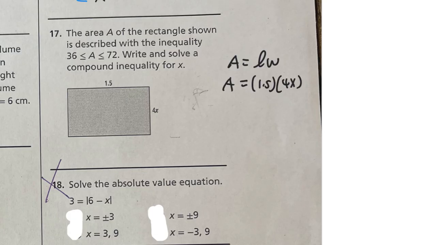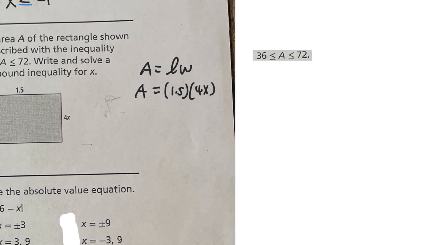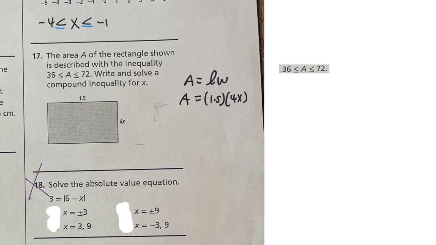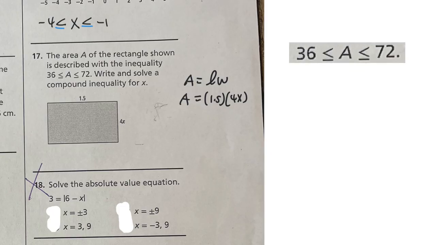They're giving us a nice clue as to what to do here, and that is to put 1.5 times 4x in the middle, because anytime we see a capital A for area, it could be replaced with this, because this is the same as the capital A.